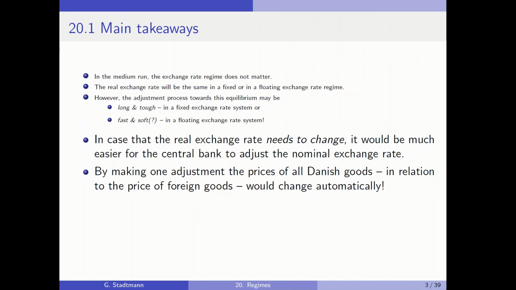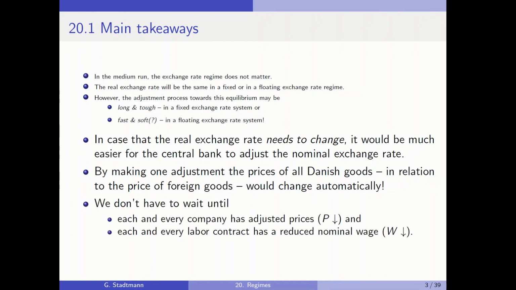By making one adjustment, the price of Danish goods in relation to the price of foreign goods would change automatically. We don't have to wait until each and every company has adjusted the goods price and each and every labor contract has a reduced nominal wage.